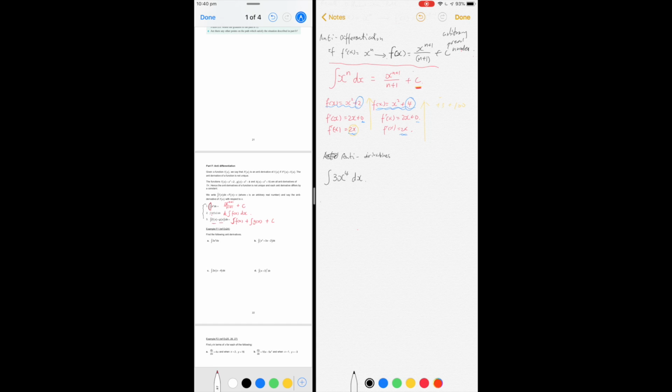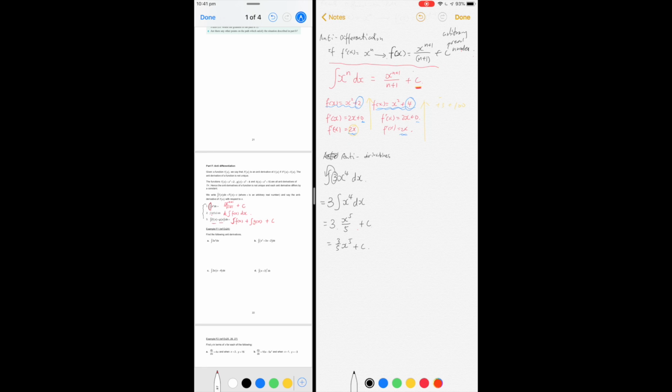All right, so apply the rule. We can move that 3 out, so we have 3, and then antiderivatives of x to the power 4 dx, and then now we can apply the rule. It will be x to the power 5 over 5 plus c. Okay, and then you can simplify, will be 3 over 5 x to the power 5 plus c.